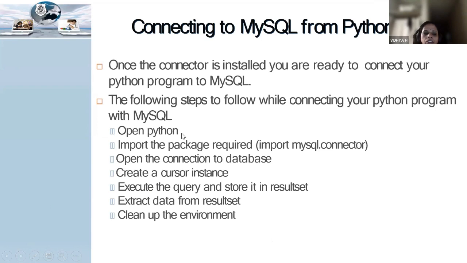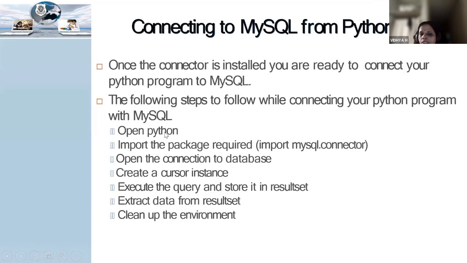What are the things we can do with that? We open Python, import the required package, open the connection to the database, create an instance, then run the query to store the result, extract the query result and give the output, and finally clean the memory and come out.